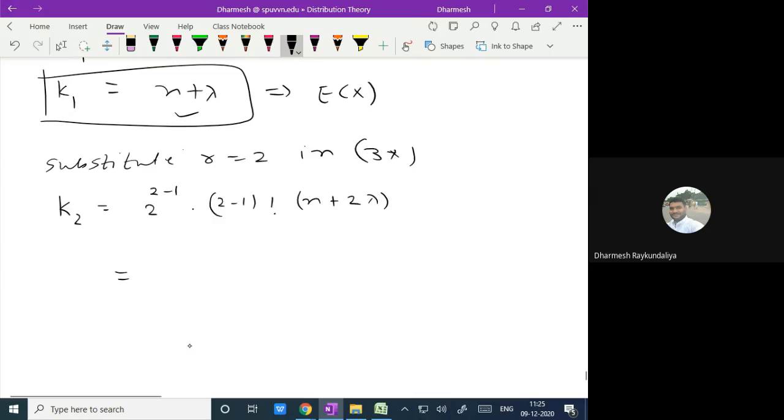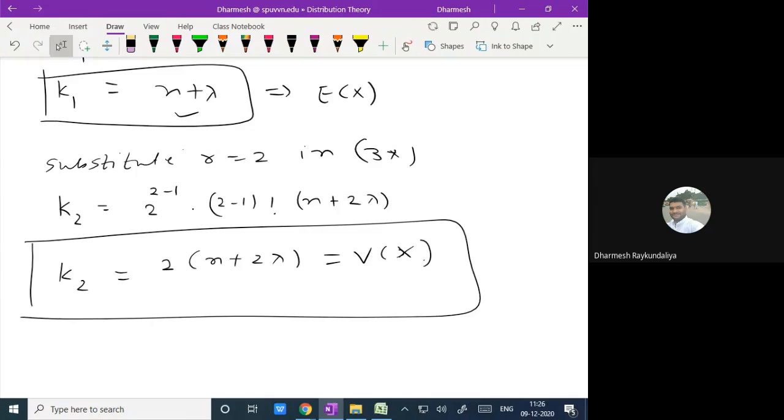So 2 raised to 2 minus 1 is 2 raised to 1, it is 2. 2 minus 1 is 1, 1 factorial is 1, so it is 2 times n plus 2 lambda. So K2 is nothing but the variance of x. The second cumulant is giving the variance of x.